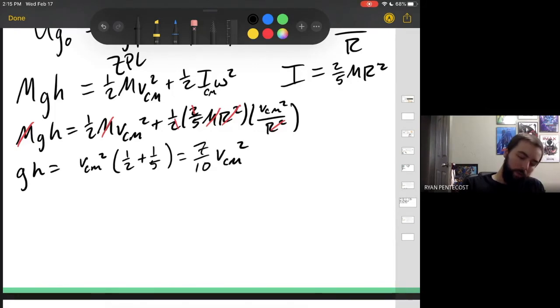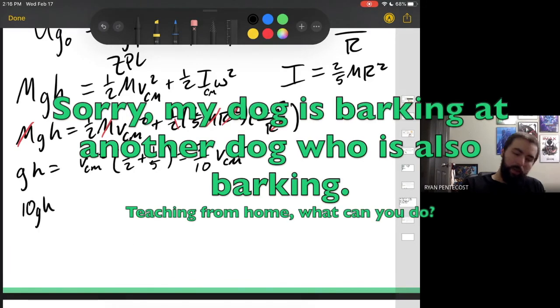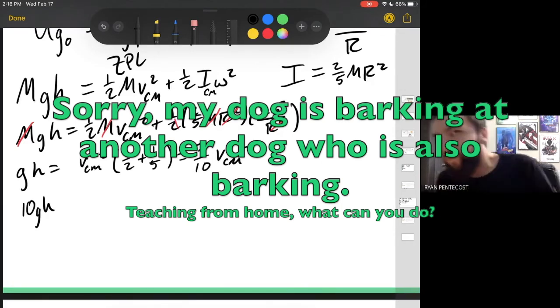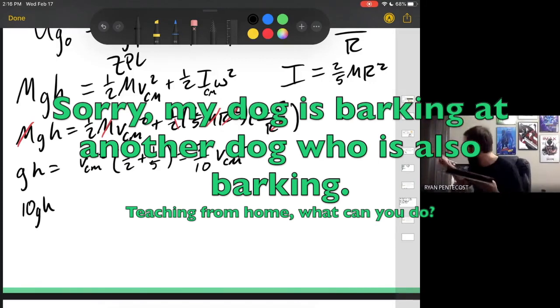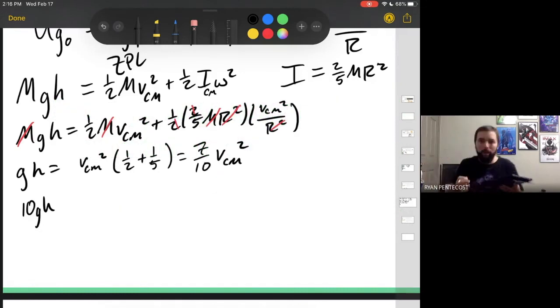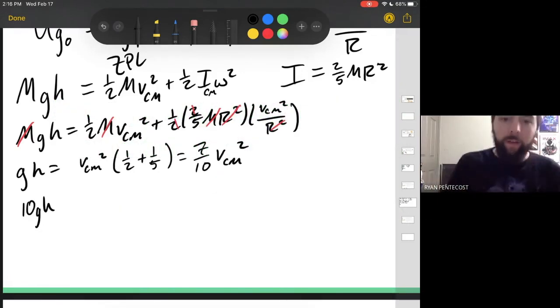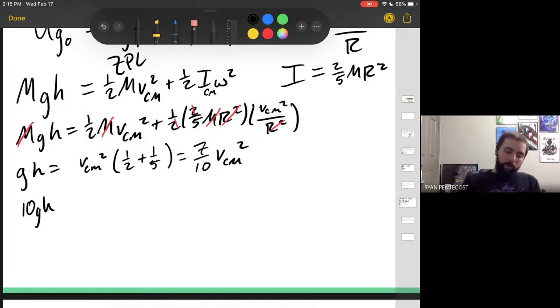So if we solve for that, you then get 10gh. Sorry, my dog is freaking out. All right, so if we solve for velocity, we'll divide that fraction over, multiply by the reciprocal, so you get 10/7 gh equals VCM squared.